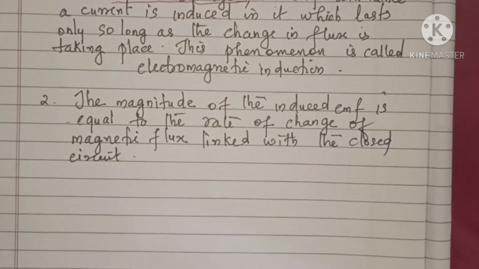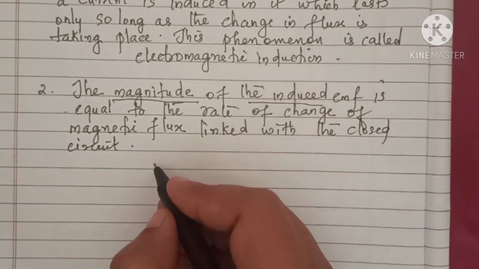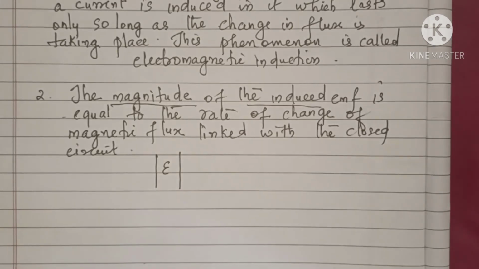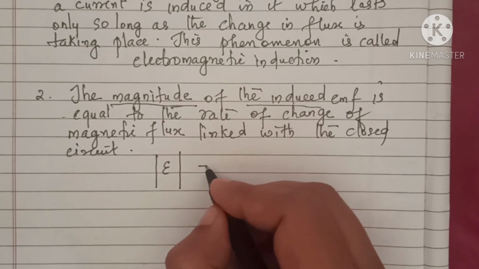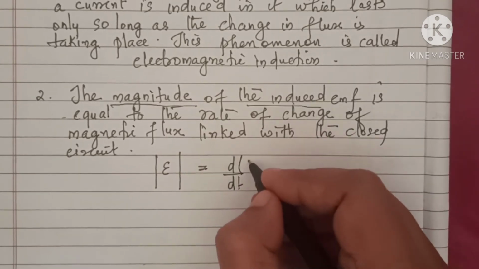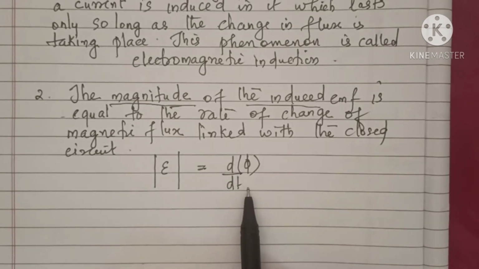Listen, the magnitude of the induced EMF. You can write it like this: this is the induced EMF, and if you are taking the modulus, it means it is the magnitude. So the magnitude of induced EMF is equal to the rate of change of magnetic flux with respect to time. So if the magnetic flux changes faster, the induced EMF increases. If the induced EMF increases, the induced current increases. Understood? So this is the second Faraday law.